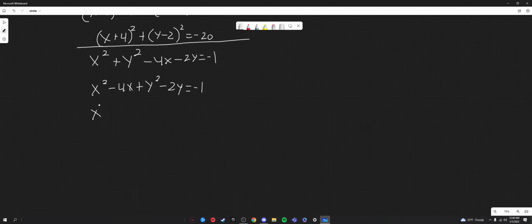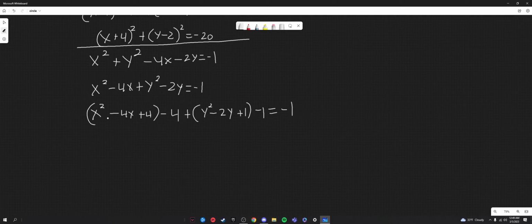So it'll be x squared minus 4x plus 4. Put some parentheses here. Subtract 4 on this side. And then we'll have parentheses y squared minus 2y plus 1, minus 1, equals -1.